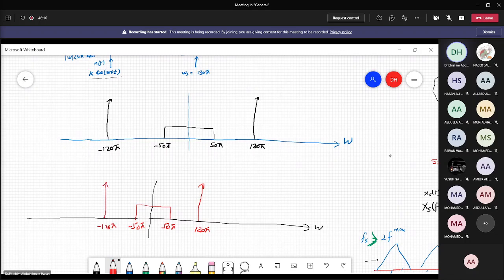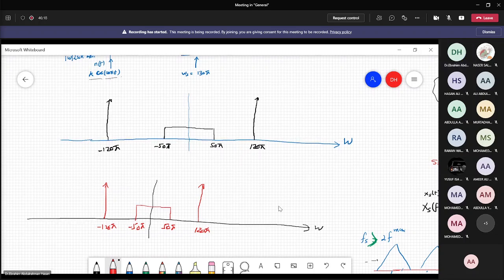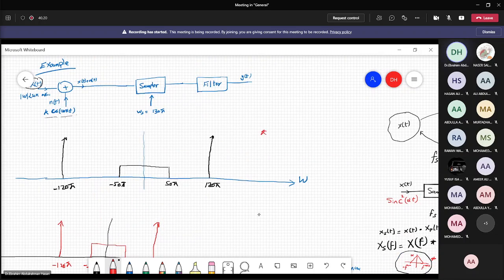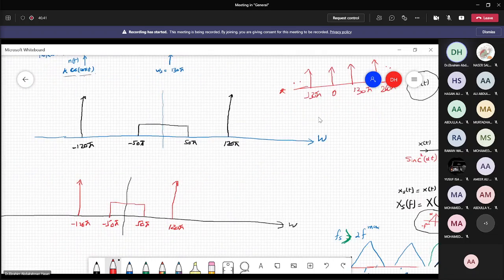Okay, then we convolve this one, as we say, with a 0, then with 130 pi, then 260 pi, and so on. So convolution with a 0, I will get this.